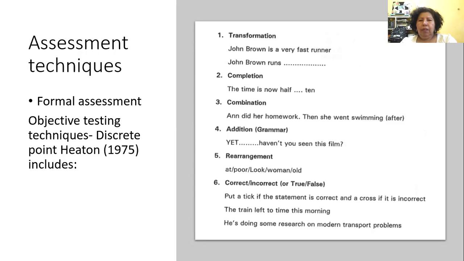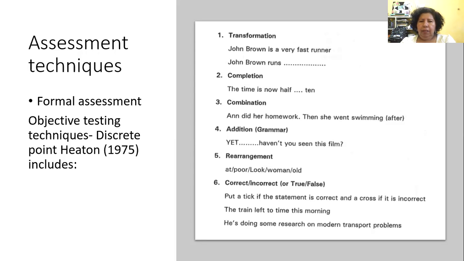For example, the test can be of transformation, and we have some example there. John Brown is a very fast runner. Then we have to change it to John Brown runs, okay? And completion, the time is now half, and we have to complete, okay, the blank.